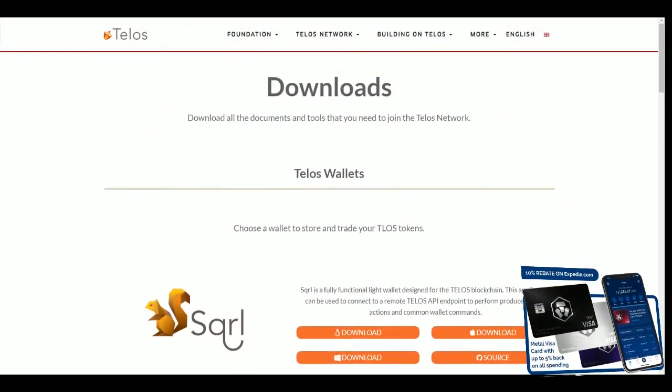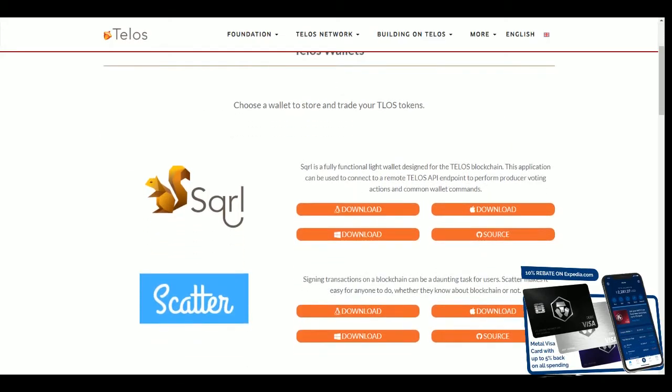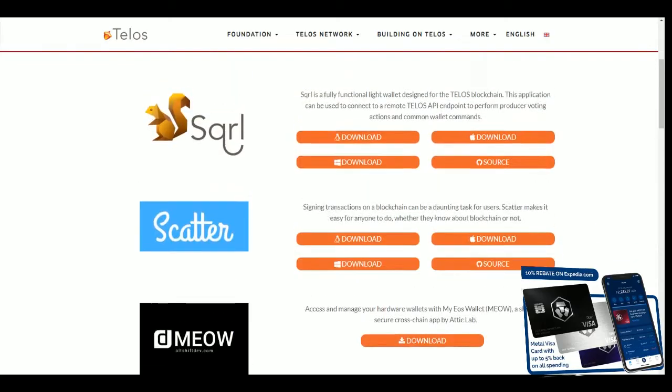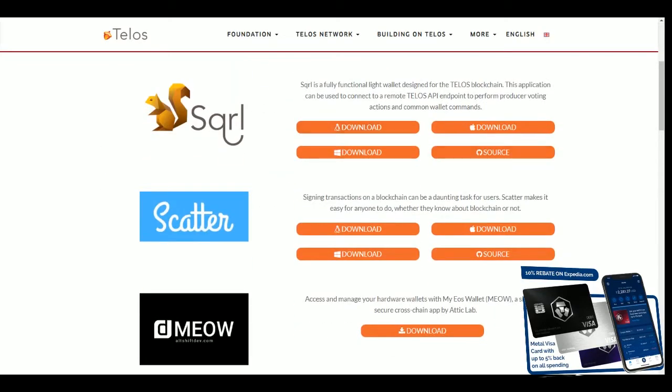If you go to telosfoundation.io/downloads, you'll see the Telos wallets that they recommend, but the one I want you to look at is Squirrel, SQRL. Right from there, with a debit card or credit card, you're able to purchase, I think, $250 a day in cryptos. So check them out.